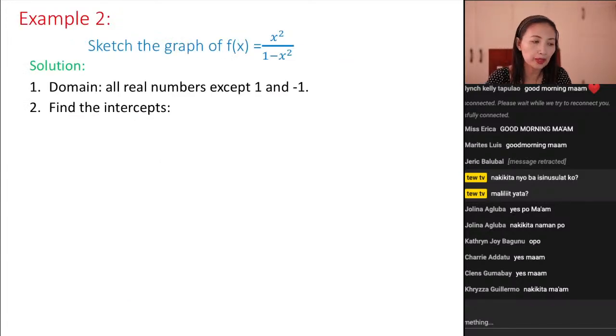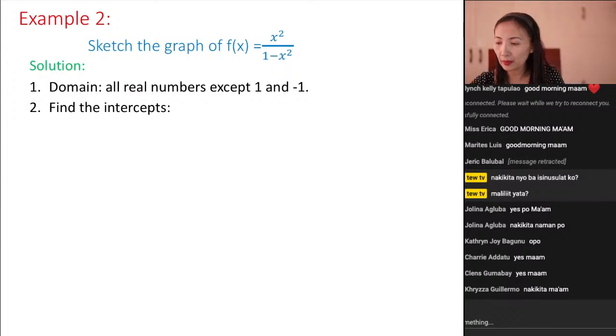Next, number 2. How about a rational function? Sketch the rational function f of x is equal to x squared all over 1 minus x squared. Let's follow the steps.